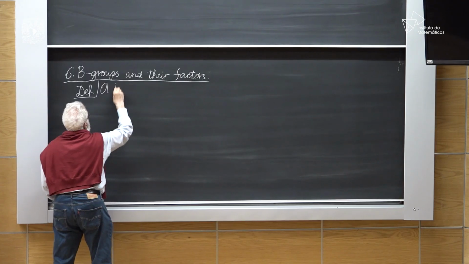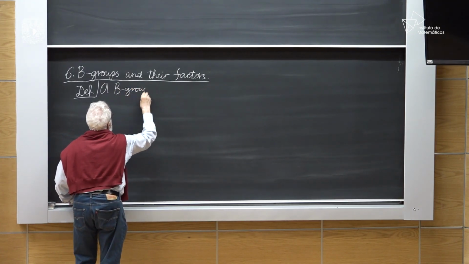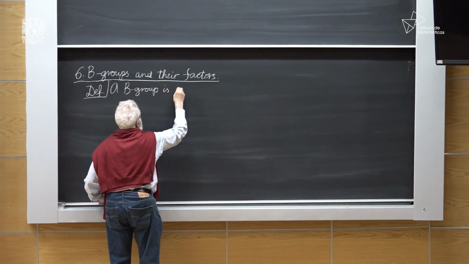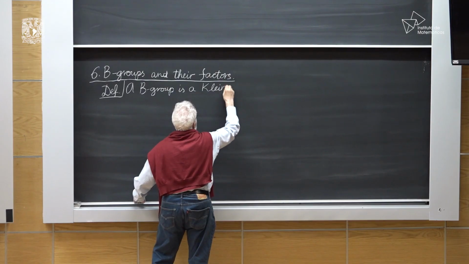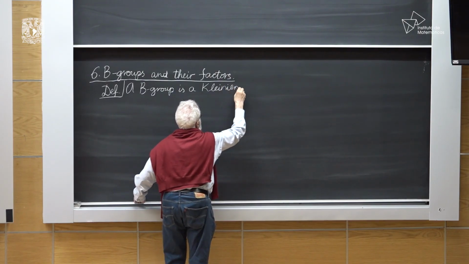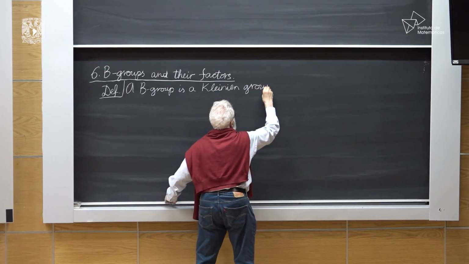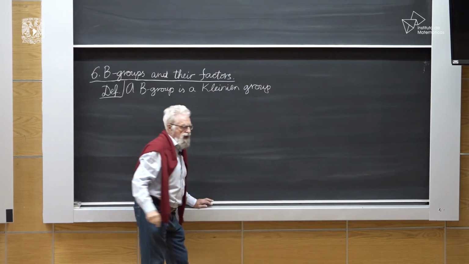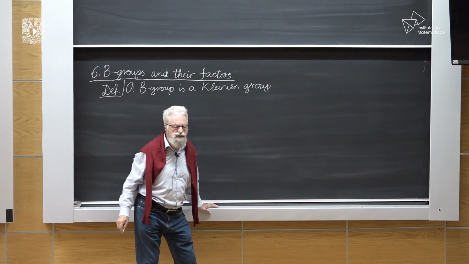A B group is a Kleinian group with a specific property of the discontinuity set.